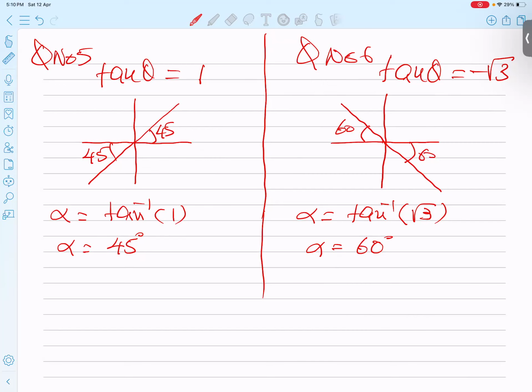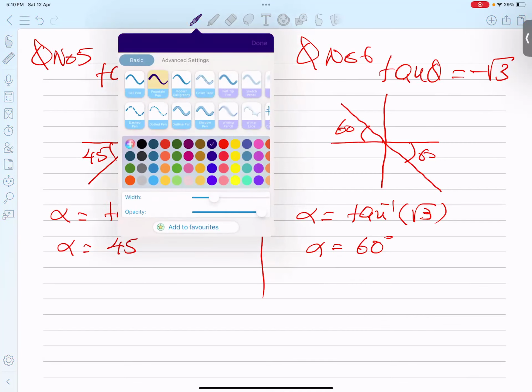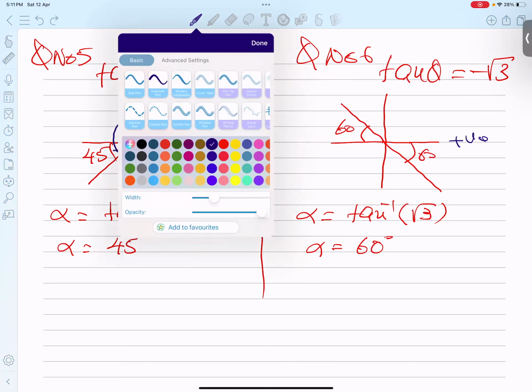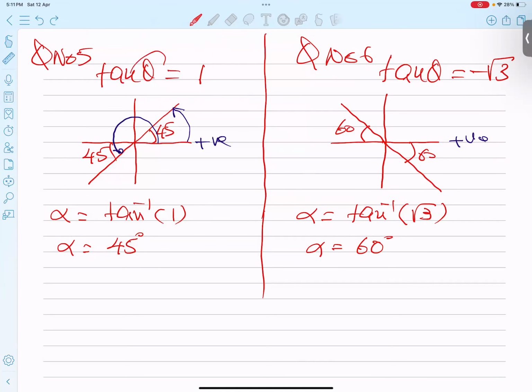Now what is the rule of measurement? Take a blue color. I'm starting from here. First answer is this. Second answer is this. And it's a 180 and moving forward, so plus. So I'm writing the first answer so you can understand. Bring theta back. So first answer is 45 directly.